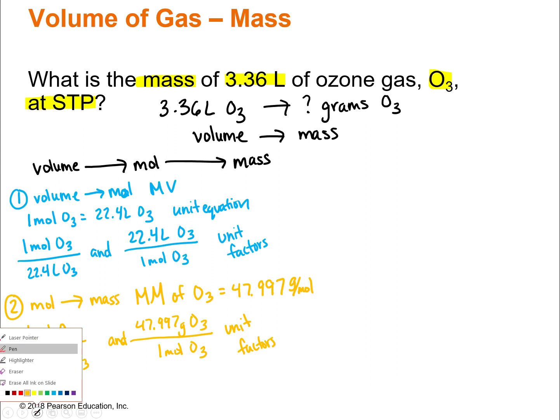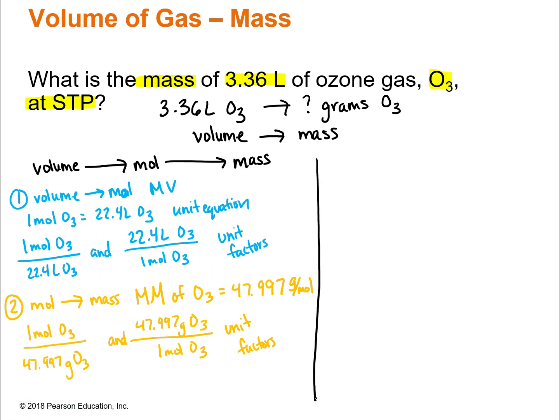And you know what's next. We've got to write out the actual equation. We're starting with the volume. And that was given in the problem. Now we need to choose our unit factors.